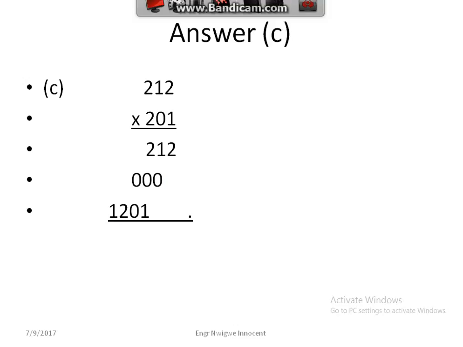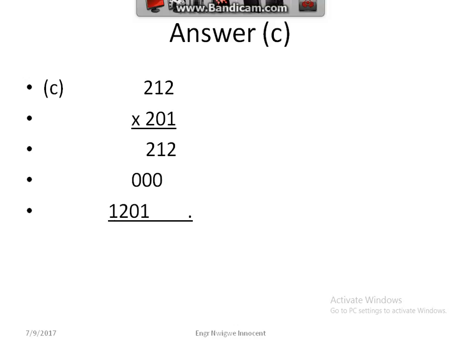Therefore, since we are working in base 3, we subtract 3 from 4, which remains 1. Then we carry 1, since it is base 3.